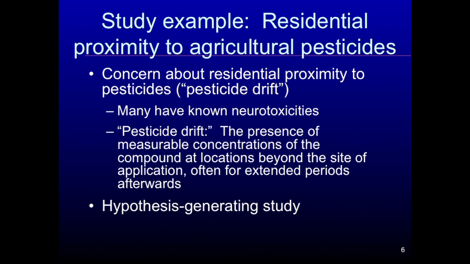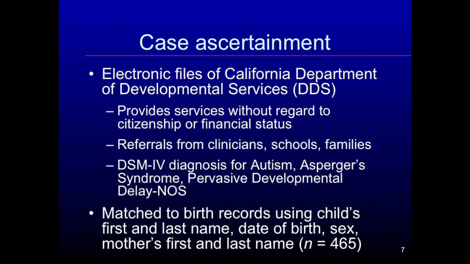So it's a hypothesis-generating study. We use the DDS files. A little background there: it provides services without regard to citizenship or financial status. The referrals come from clinicians, schools, and families. And they use the DSM for diagnosis. We included all of the autism spectrum disorders, so autism, Asperger's syndrome, and pervasive developmental disorder not otherwise specified.